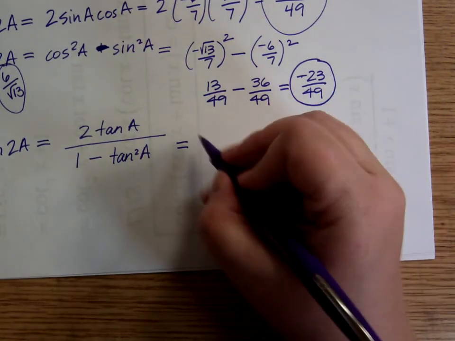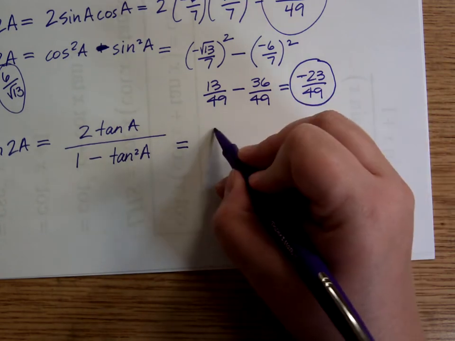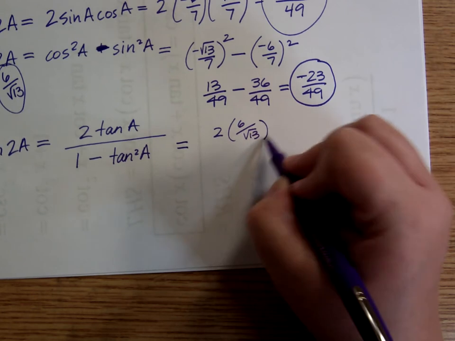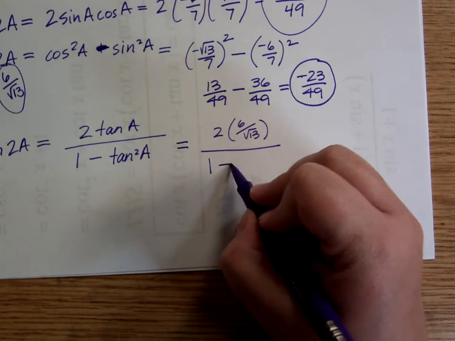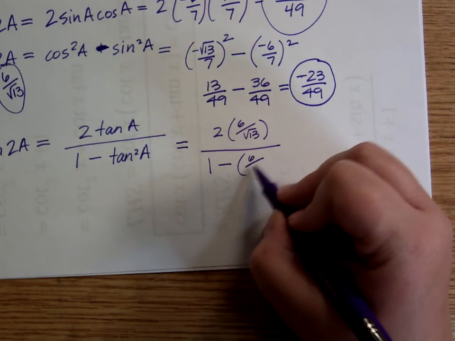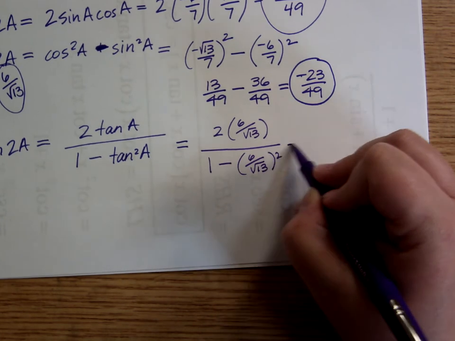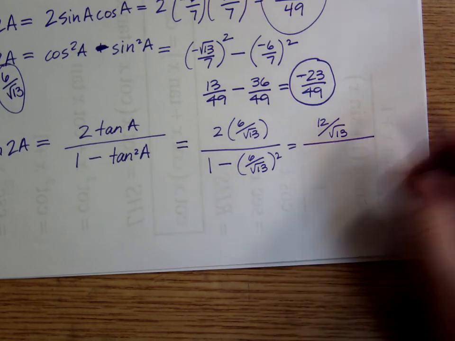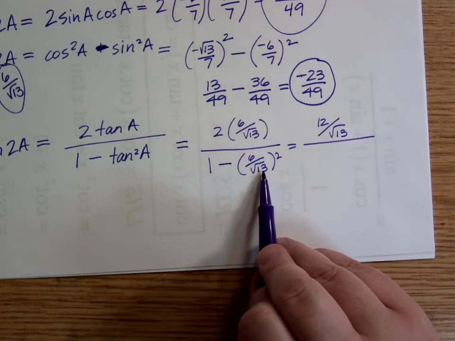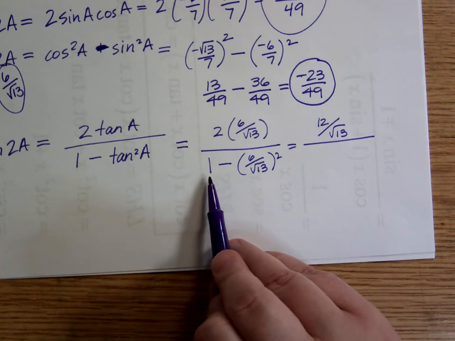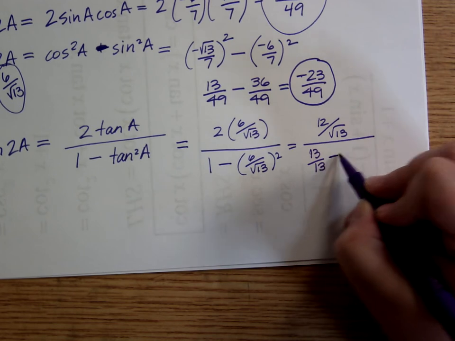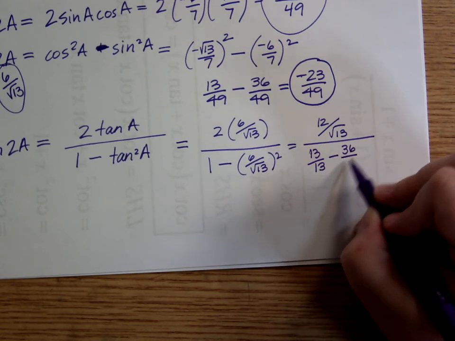So that's 2 times 6 over root 13 all over 1 minus 6 over root 13 squared. That's 12 over root 13 all over, when I square this, I'm going to have 13 in my denominator. So I'm going to call this 13 over 13 minus 6 squared is 36 over 13.